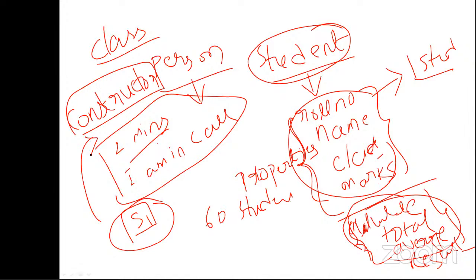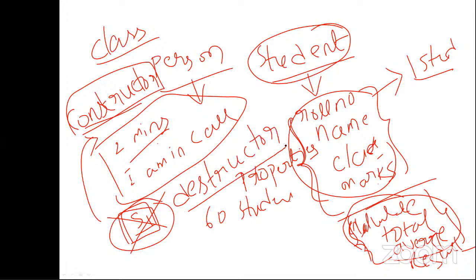For that, we use two special methods: one is called constructor, another is called destructor. These are the special methods in object-oriented technology. The constructor is used at the time of allocating the memory and the destructor runs at the time of deallocating the memory.